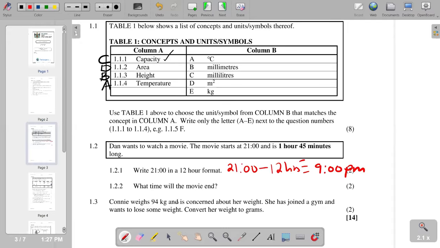So that is our answer for that part. Then our next question, what time will the movie end? Well, it is going to take 1 hour 45 minutes. The time it is starting is 2100 hours, then we add the time it is going to take, which is 1 hour 45 minutes.